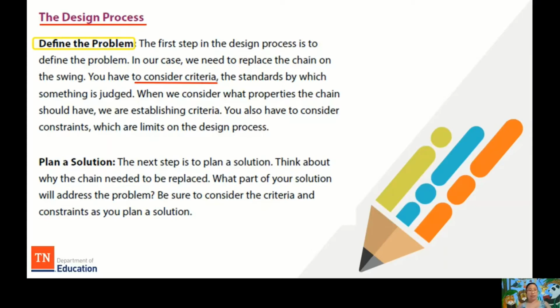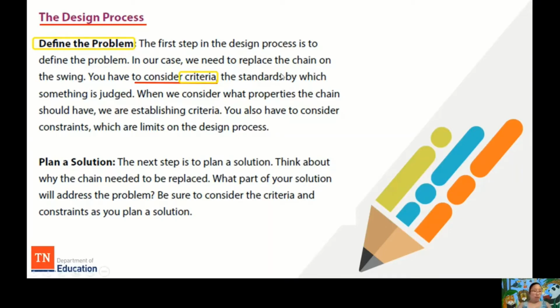The same thing happens when you're designing. You need to consider how you are going to judge whether what you created is the best. When we consider what properties the chain should have, we are establishing criteria. You also have to consider constraints, which are limits on the design process.